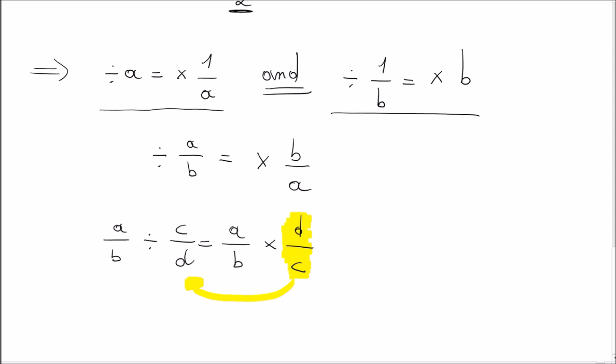So dividing by a fraction, c over d, is the same thing as multiplying by its inverse. And by its inverse, I mean that the numerator and the denominator just changed position. They changed place. That's the inverse of a fraction. And that's how easy it is to actually divide by a fraction. We're just going to multiply it by its inverse. That's exactly the same thing.